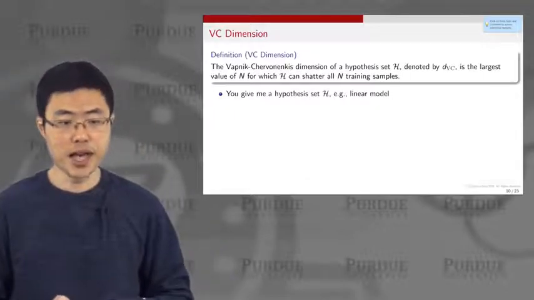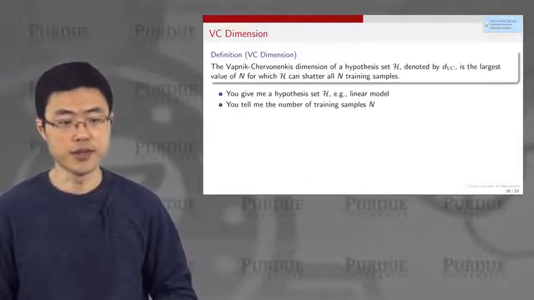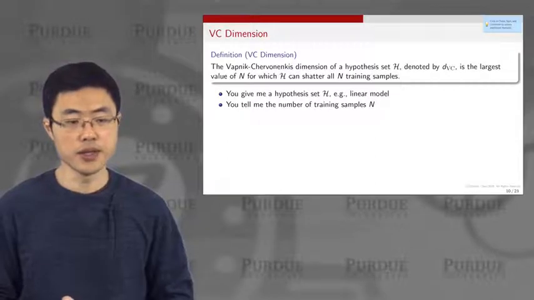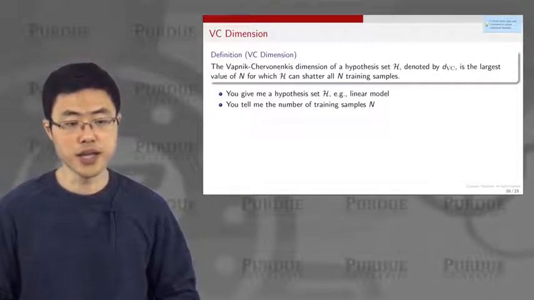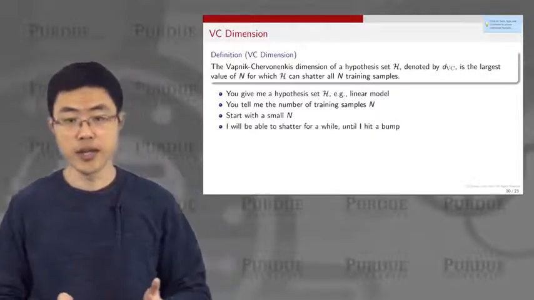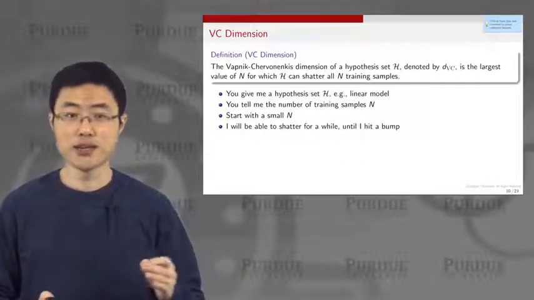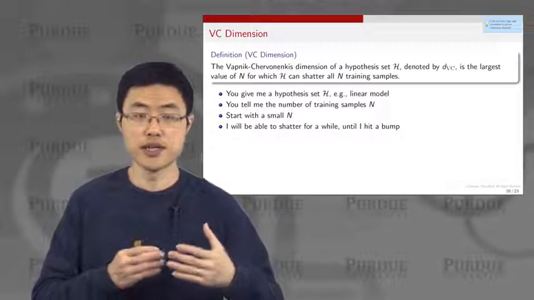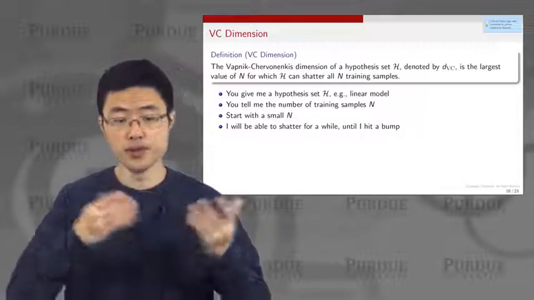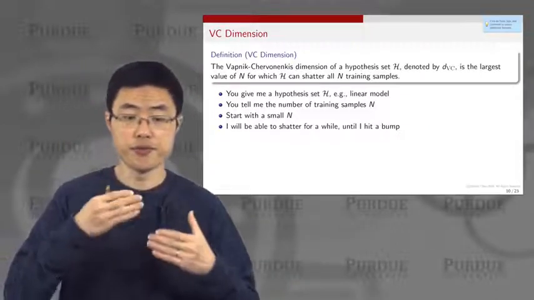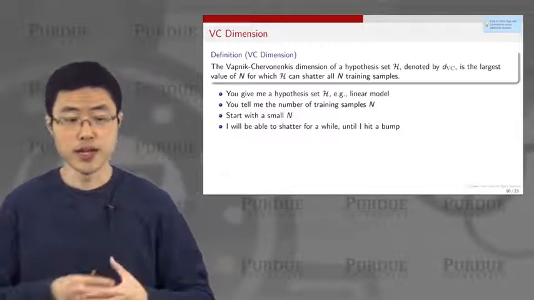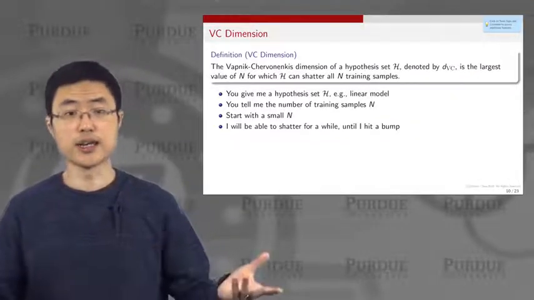Suppose you give me a hypothesis set H, a linear model. I start with a small n, and I will be able to shatter for a while, and then I will start to hit a bump. In the linear case, I start with 2, yes I can shatter, I go to 3, I can also shatter, I go to 4, then I cannot shatter.